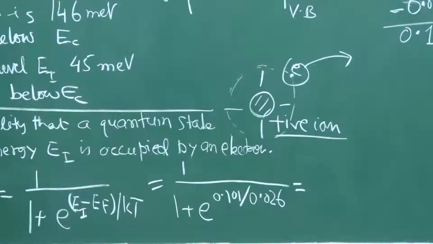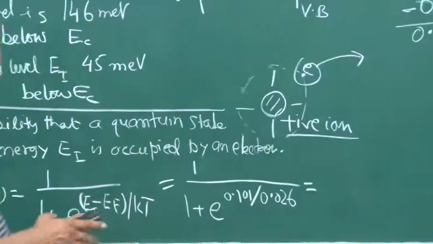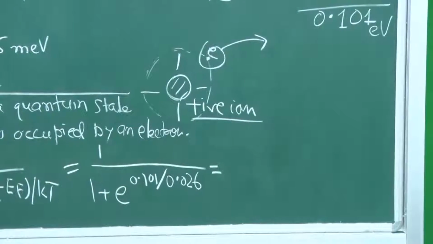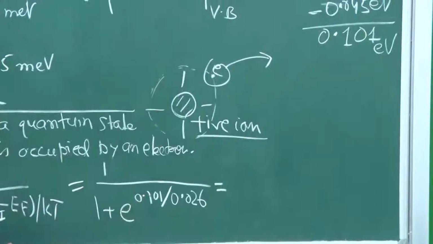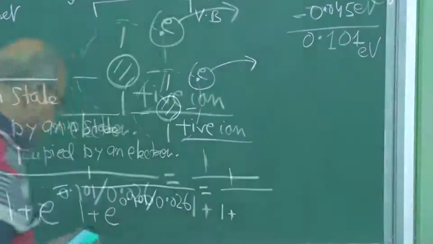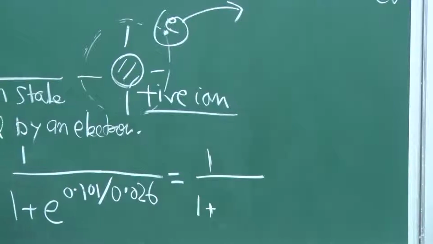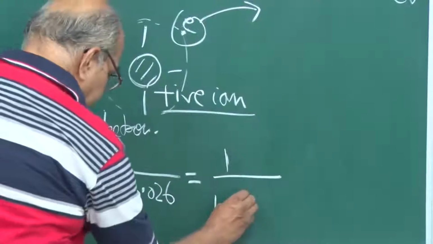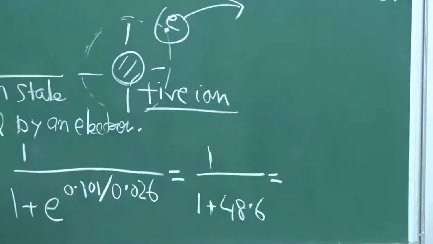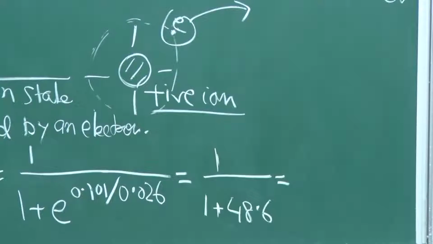So let us work out how much this is. 0.101 divided by 0.026, e to the power of that, let us work out this much. So 1 divided by 1 plus 48.6, so that is 1 divided by 49.6, almost 0.02.